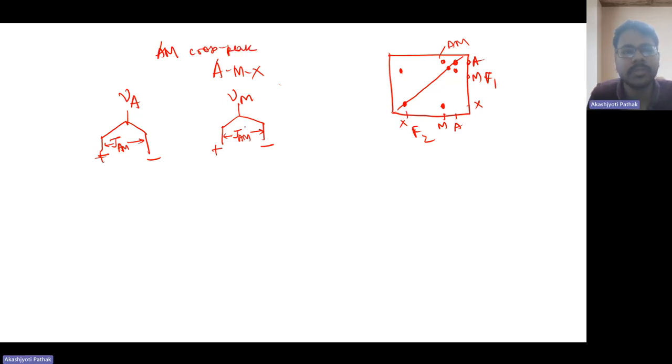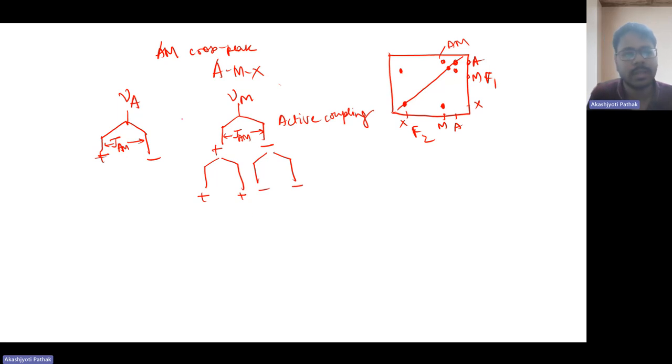For the AM cross peak, this AM is the active coupling, and active coupling will always lead to plus minus splitting. Now this plus peak will again be split into two because the M spin is also coupled to X. So X will again cause the splitting of this M peak into two. This will be passive coupling. Passive coupling will result in a plus plus minus minus pattern.